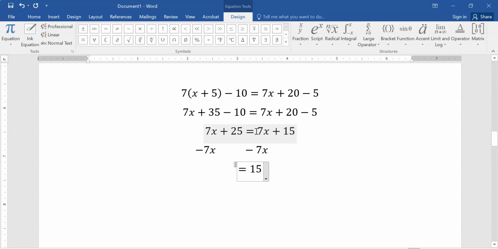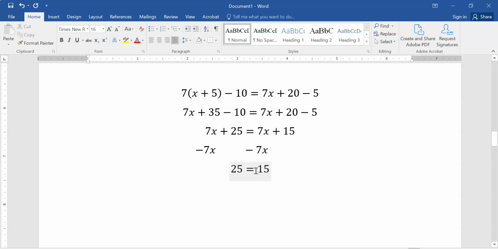Remember, I wanted to get rid of the terms with the variables. However, by doing so, that also gets rid of the 7x on the left-hand side. 7x minus 7x becomes 0. And I end up with just 25. Now, 25 equals 15. That's actually a false statement.